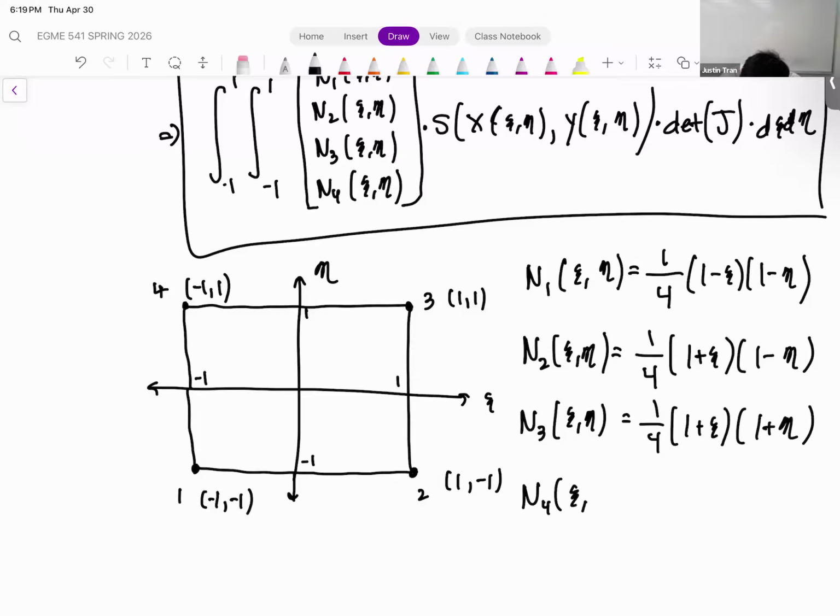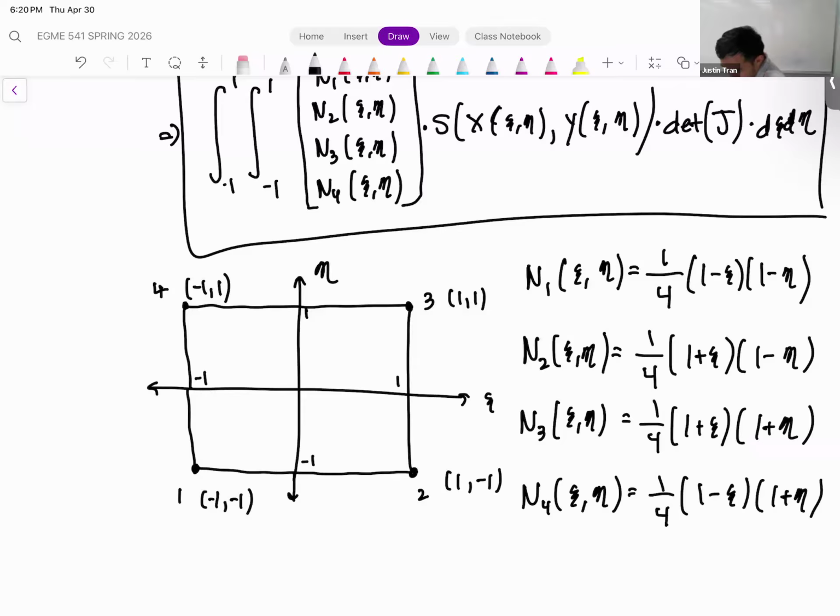And n4 of epsilon and eta is 1/4 (1 minus epsilon)(1 plus eta). So those are our 4 shape functions.